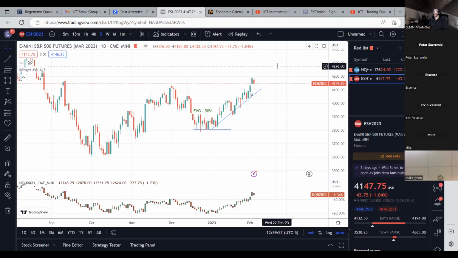But I'm telling you, what seems far away takes one really bulky weekly candle, and then it's not that far away. We could get a really big down close candle this week, and we could have a weekly close at 3,950, and that changes the whole narrative.